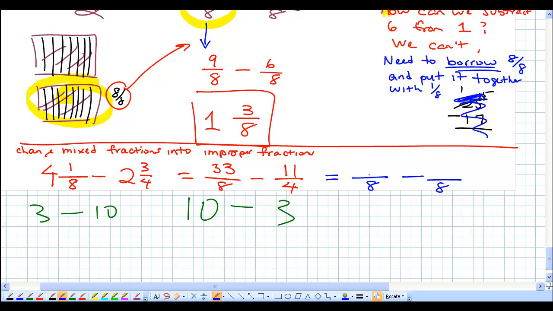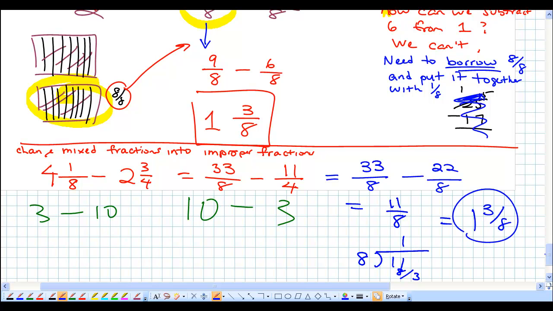And if you were to change that to a mixed fraction, what would that be? You guys forgot? Remember we do the division here? So just go ahead, quickly divide. That goes into 8 once. We subtract, you get 3. The same answer as before. Okay?